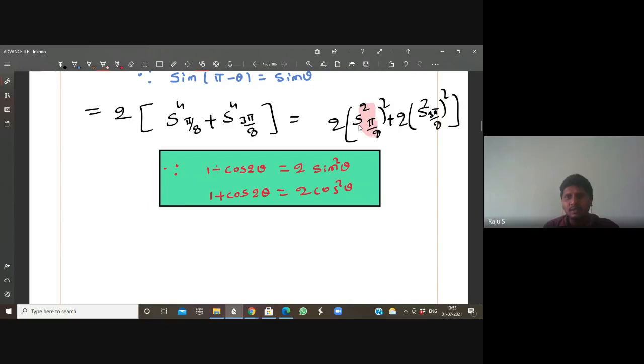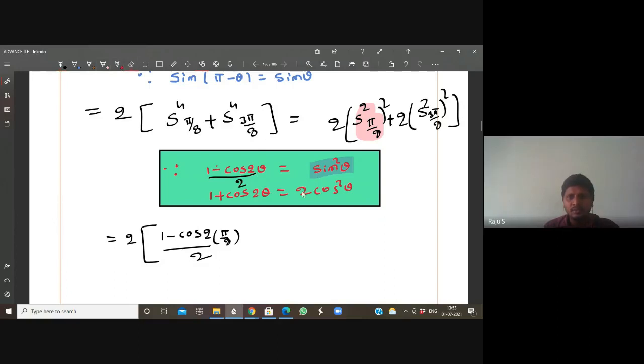Look at sin, it is in the form of only sine square theta. So what is the sine square theta value? Let me write sine square theta as 2 times of 1 minus cos 2 times of pi by 8, all divided by 2.